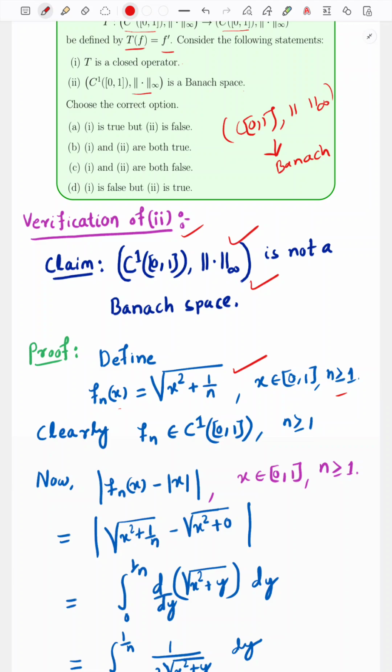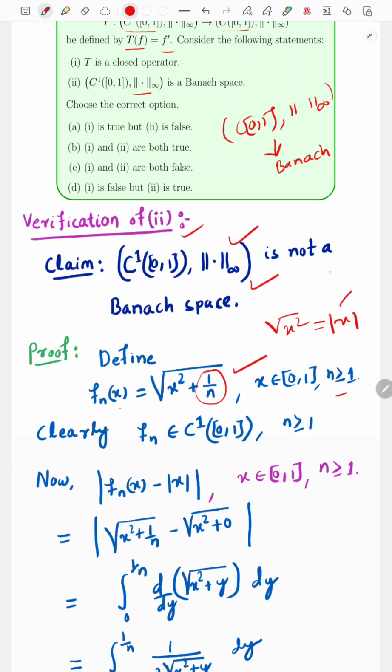From the intuition, it is clear that if you take n tends to infinity, this quantity will go to 0, because square root is a continuous function, so the limit comes inside. It gives the square root of x square, and the positive square root of x square is equal to mod x.